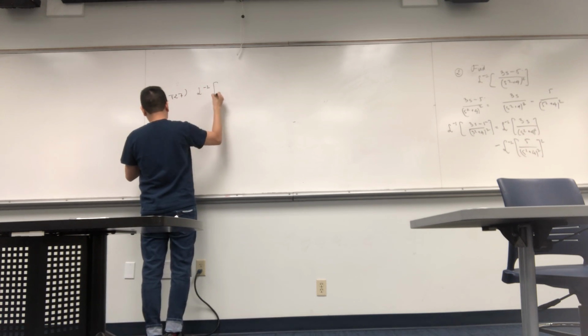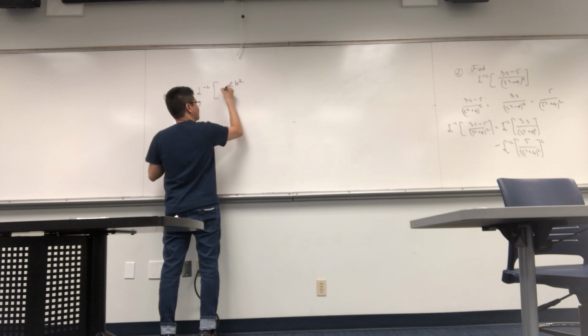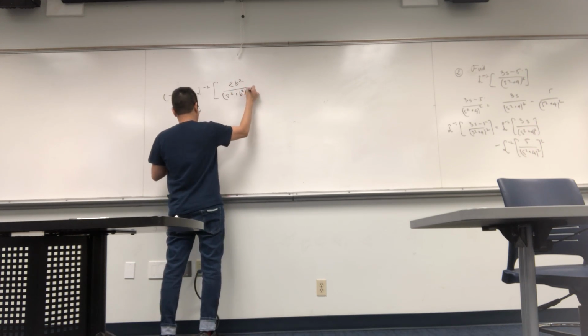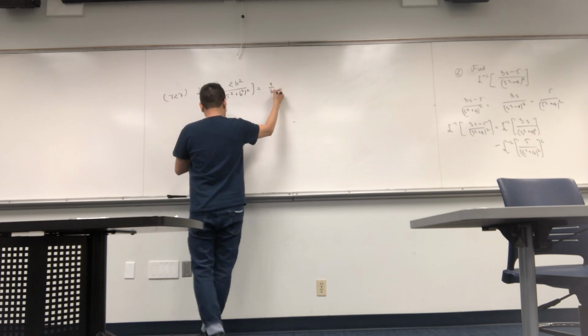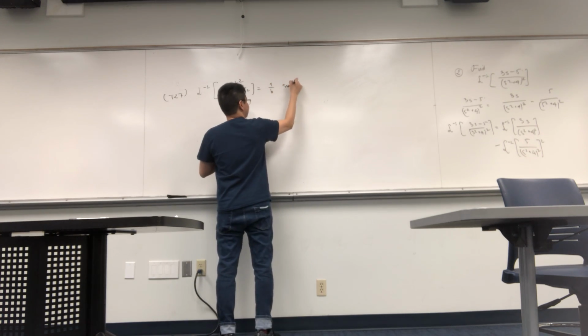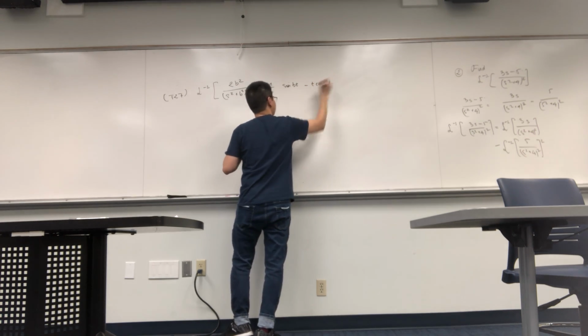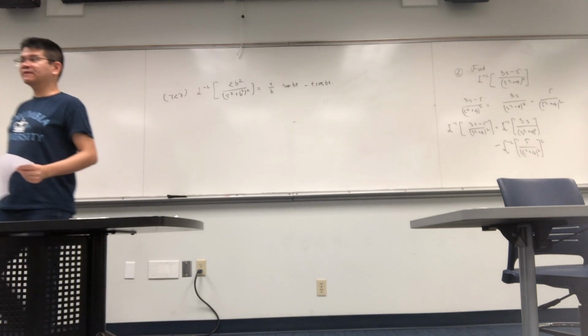The inverse Laplace transform of 2b squared over s squared plus b squared is 1 over b times sine of bt minus t cosine of bt. Alright?